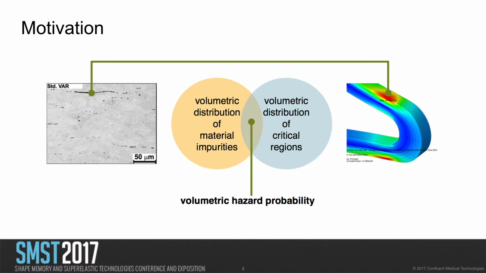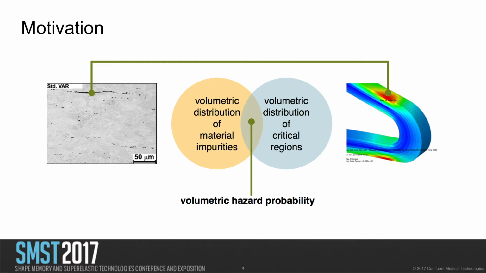On the other side, we know that our devices have a certain geometry and are subjected to certain loading conditions, and therefore have certain hotspots that are a function of those geometries and loading conditions, distributed in space, that have some volume and some orientation and some spatial component to them. So on the material side, we have inclusions that have some spatial distribution.